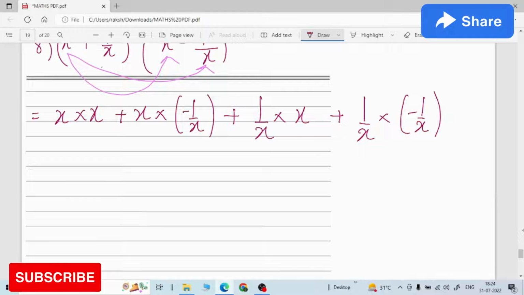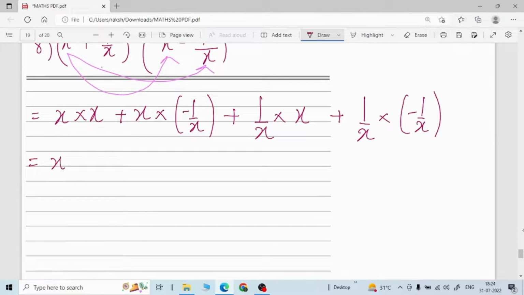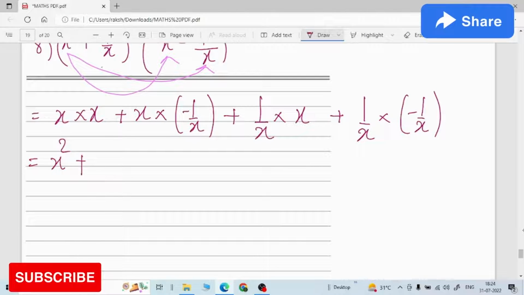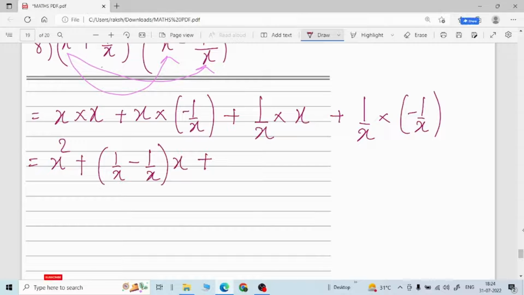So x into x is x square, plus here x is common, because 1 upon x and 1 upon x is also common. But we have a negative sign here. So we'll write 1 upon x minus 1 upon x, bracket close, the whole x plus.